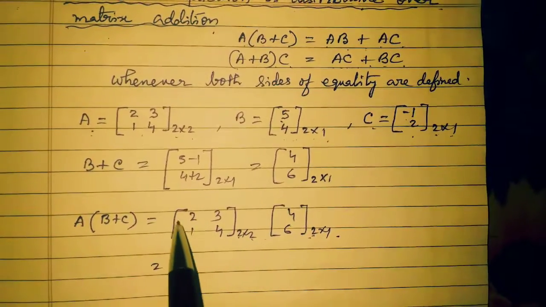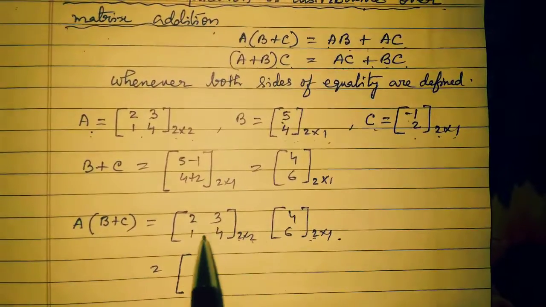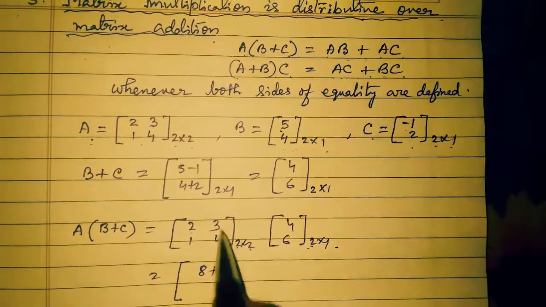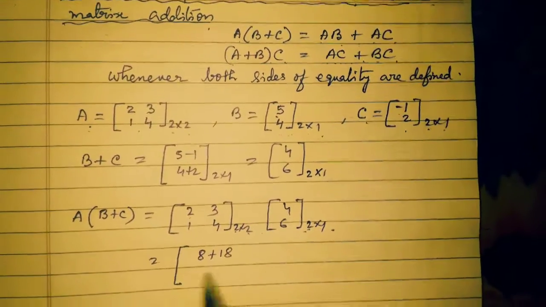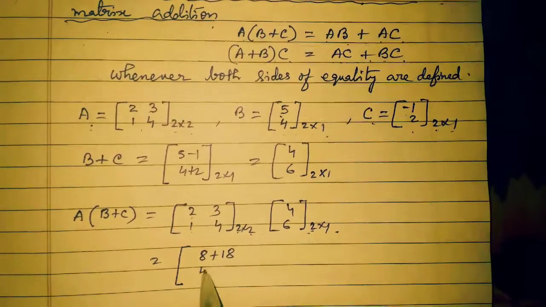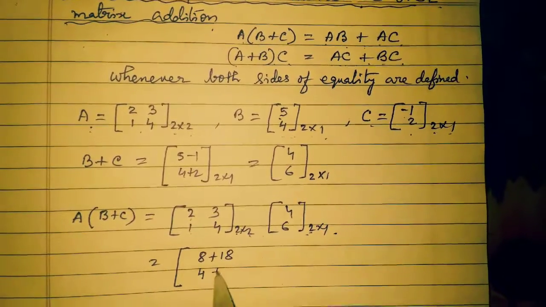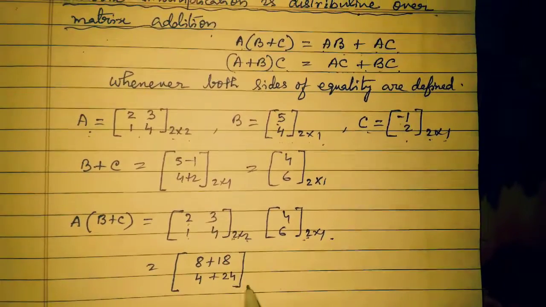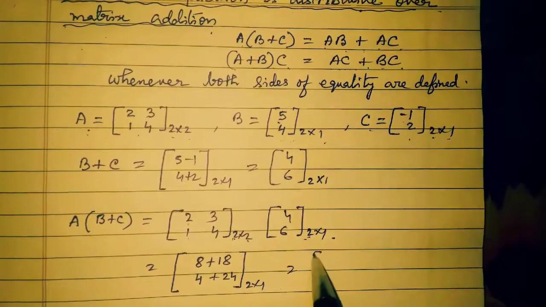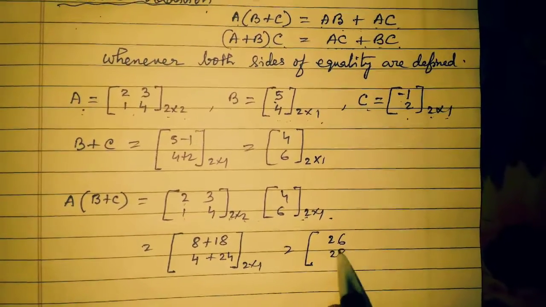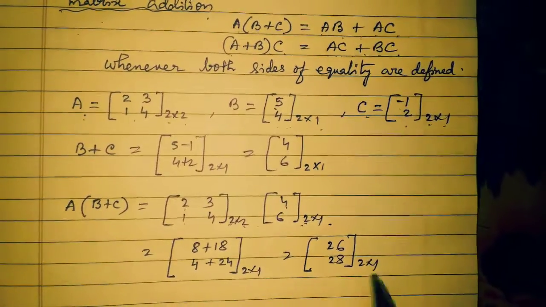First row multiplied with the first column: 2 into 4 is 8, plus 3 into 6 is 18. Similarly, 1 into 4 is 4, and 4 into 6 is 24. So the resultant matrix is 18 plus 8 is 26, and 24 plus 4 is 28, a 2 into 1 matrix.